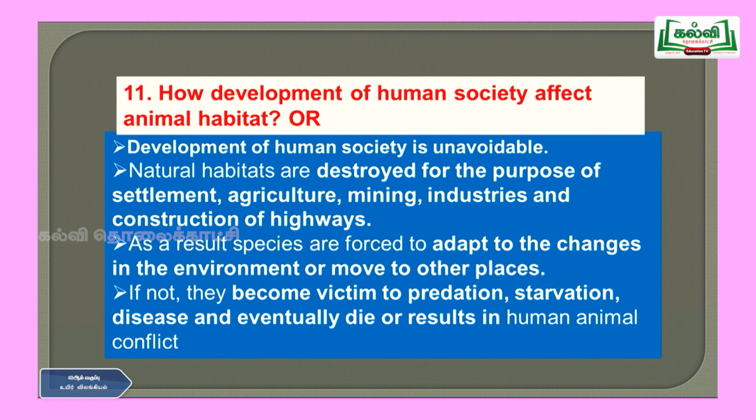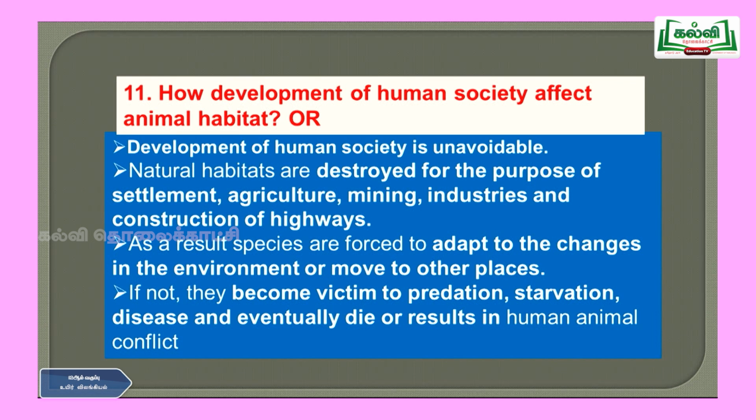The 11th question, how does development of human society affect animal habitat? The development of human society is unavoidable. Natural habitats are destroyed for the purpose of settlement, agriculture, mining, industries and construction of highways. As a result, species are forced to adapt to those changes in the environment or move to other places.